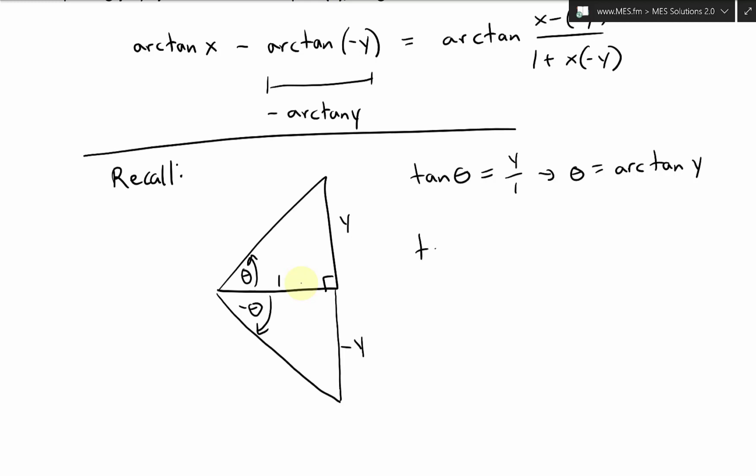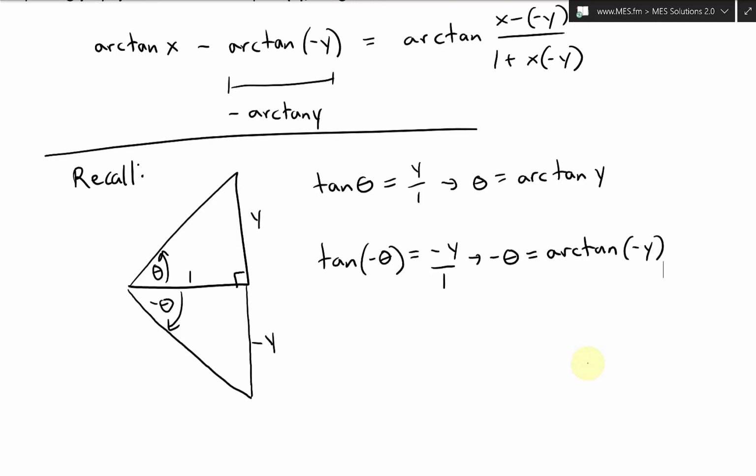So that means tan of negative theta is equal to negative y over 1. So this means that negative theta is equal to arctan of negative y. And where this theta is just arctan y, we could plug that in.